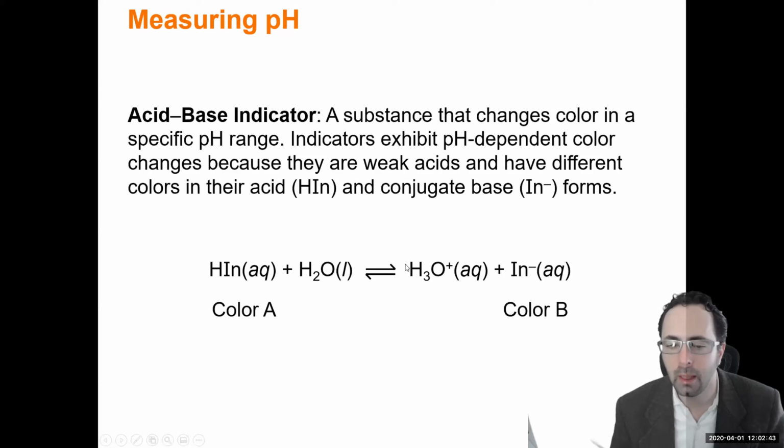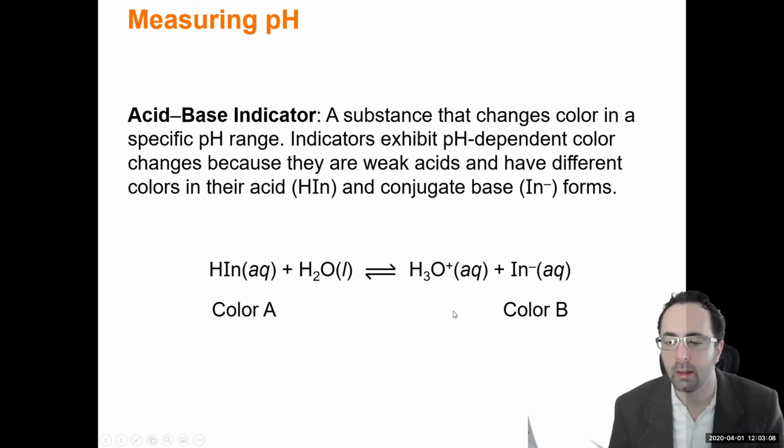Now, at a certain pH, due to its own equilibrium, when the pH changes by a certain amount, it's going to change color. For example, here, when the pH is low and there's lots of hydronium, let's say we add lots of acid, in which direction does this push the equilibrium according to Le Chatelier's principle?